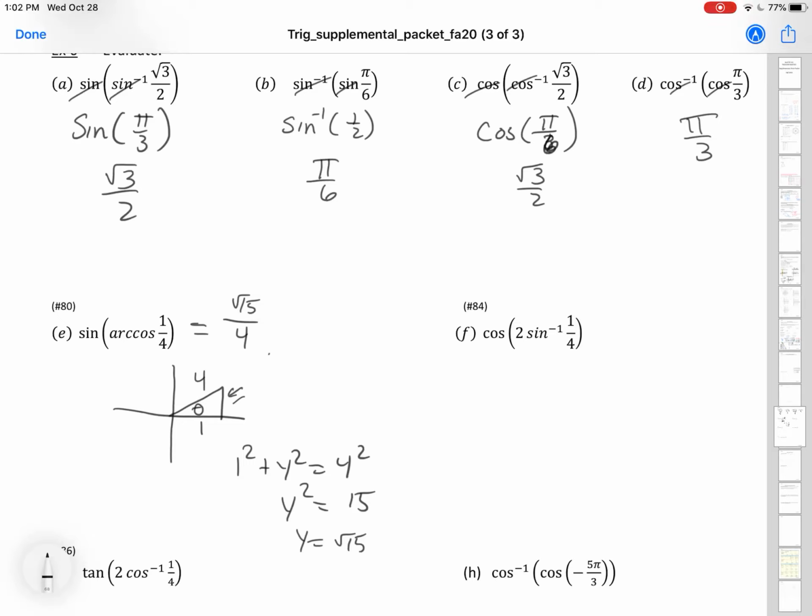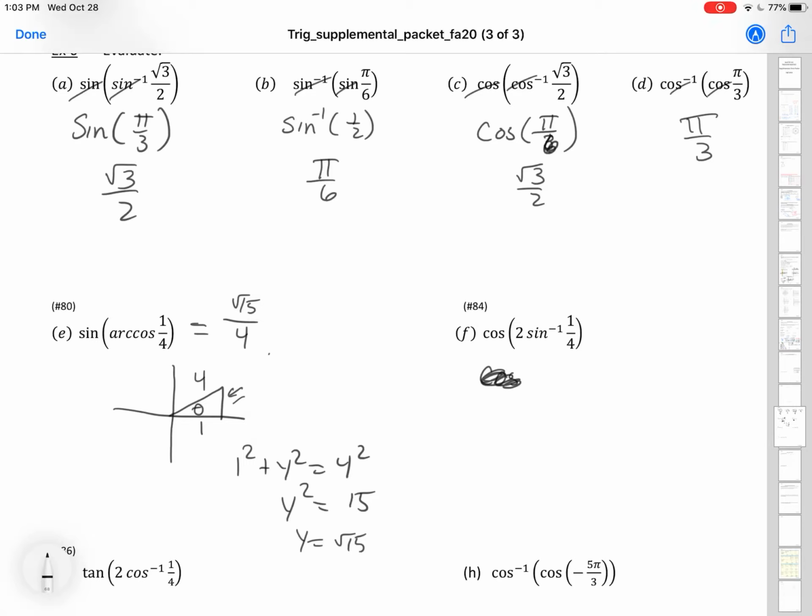Something like this, cosine of 2 sine inverse of 1/4. Okay, well, what's that? We would need to use maybe a double angle formula to come up with something like this. So if you remind yourself of the double angle formulas, there were multiple for cosine.